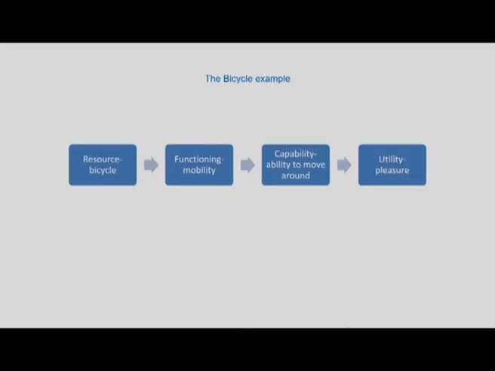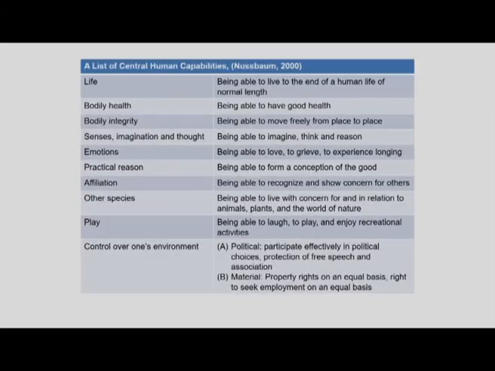So, the capabilities approach invariably focuses on the capabilities to be able to transform the functionings into different forms of utility. In the next class, I will simplify much of these terms for you.